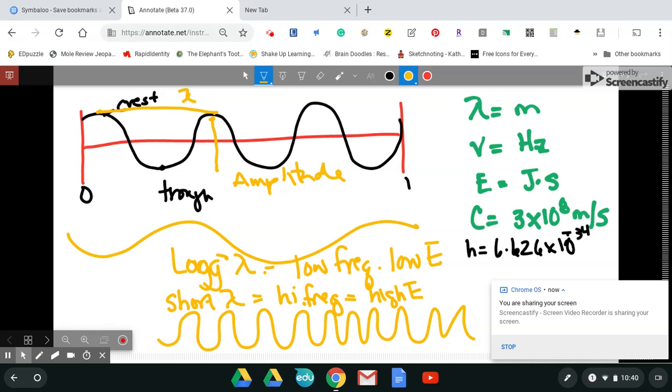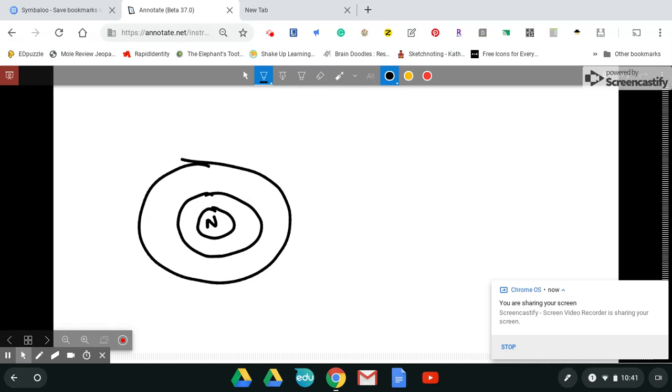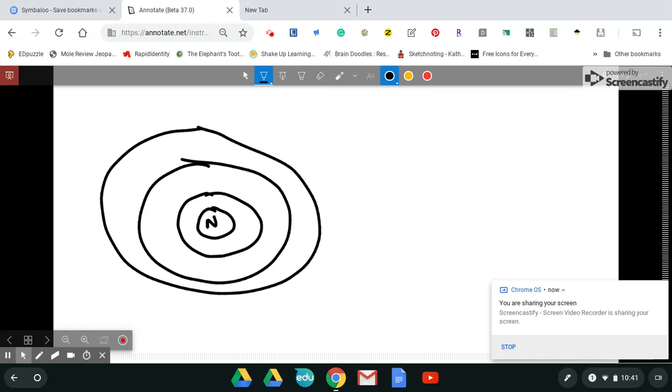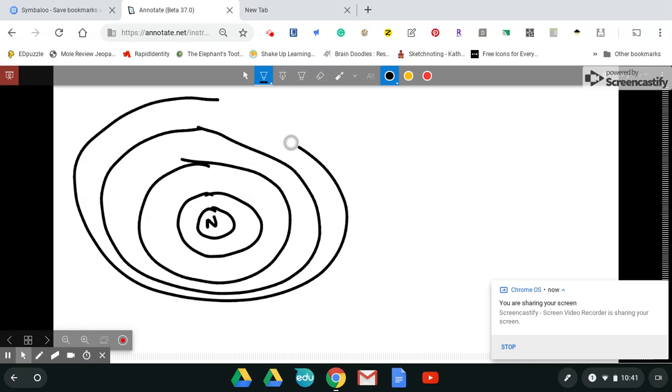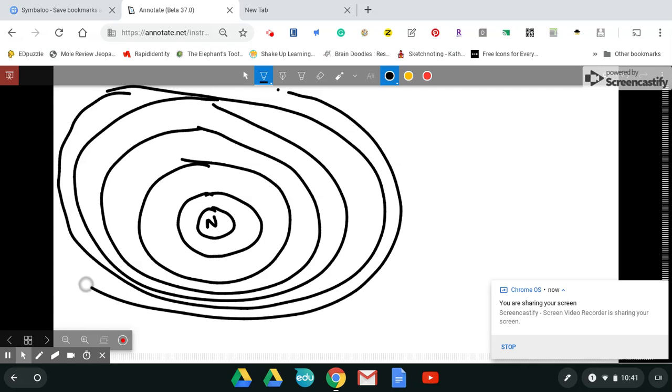So how does all of this relate to the electrons? Well, if you remember from the planetary model, Bohr said that you have your nucleus and then you have these little energy levels. Sorry, my circles are not completely like they need to be.